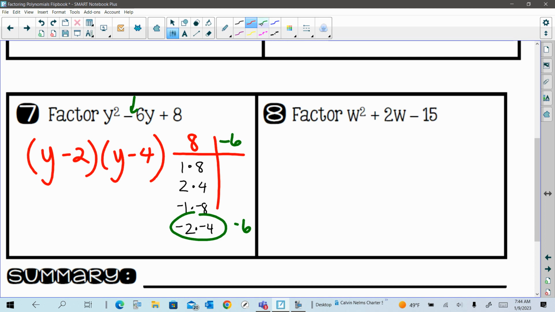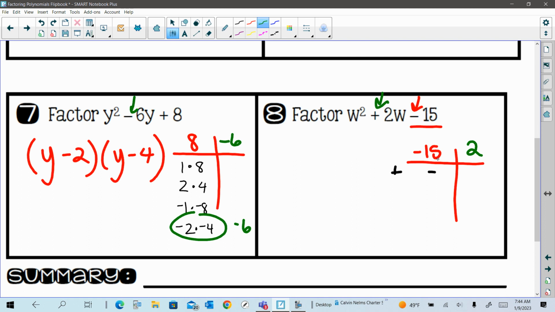If I look at this last one, the last term is a negative 15 and the middle term is a plus 2. If my last term is negative, that means one has to be positive and one negative. That's the only way I can get a negative 15. Did anyone see it right off the bat?